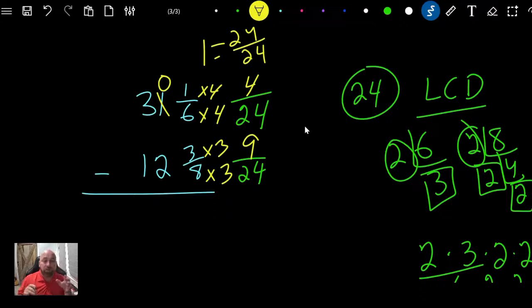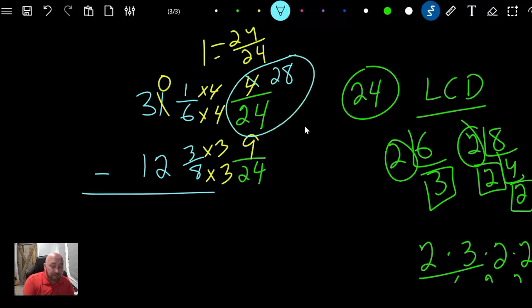Remember when I told you that whenever you have 1, it's 3 over 3, it's 10 over 10, it's 11 over 11. It's, in this case, 24 over 24. We have to add 24 to the 4. Okay? And 24 plus 4 gives us 28.